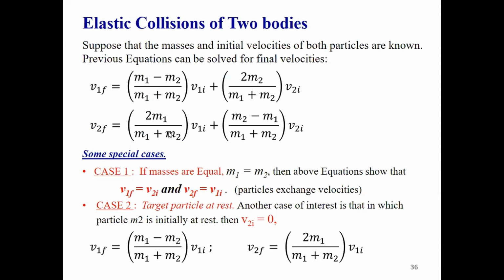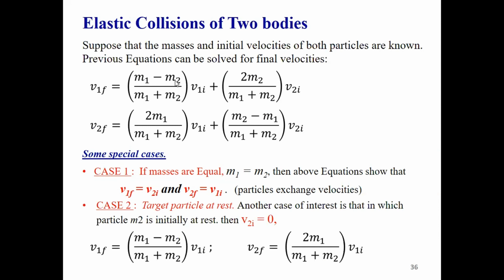We need not memorize this, but we need to understand these two equations. So let's apply special cases. The first special case is if the masses are equal, m1 is equal to m2. Then the above equations will reduce. Look at the first equation. m1 is equal to m2, then this term is 0.